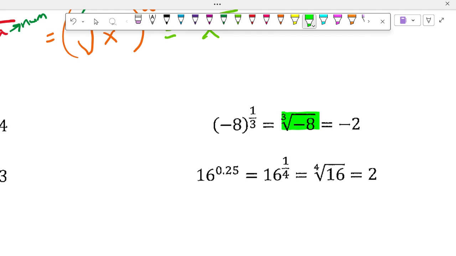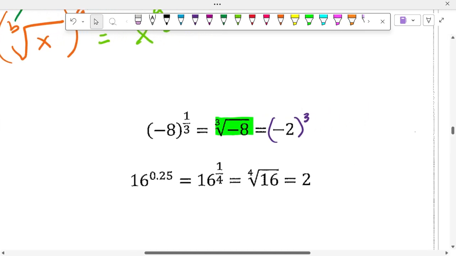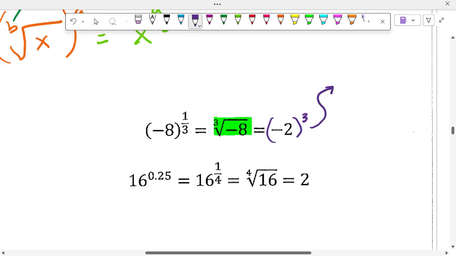Think about it logically. If you were to cube -2, so let's say we did the opposite. So if we cubed -2, what's that the same as expanded? So if I expanded this, what would it be? -2 times -2 times -2.